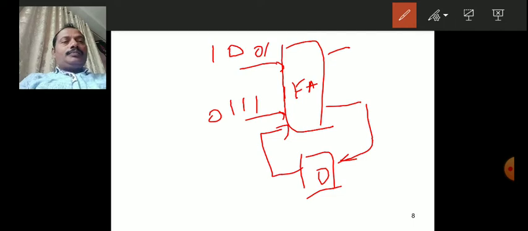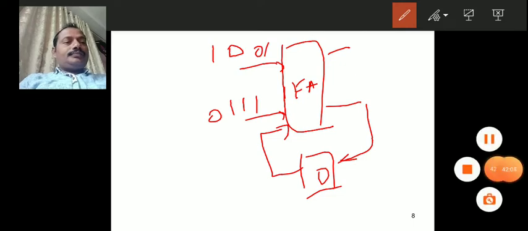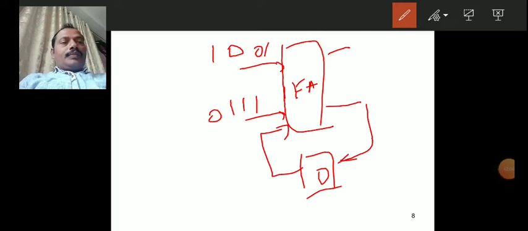Now let us take, for example, the first initial carry is 0, hence the first bits available are 1 1 0. Full adder output is 1 0. That means carry is 1, sum is 0.